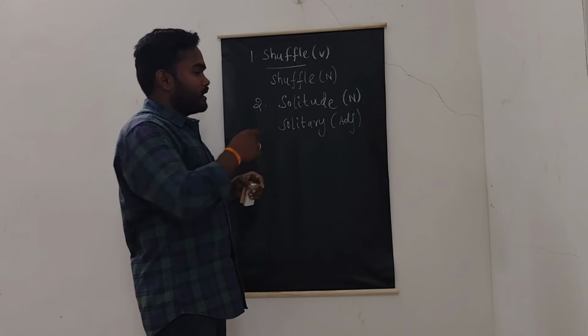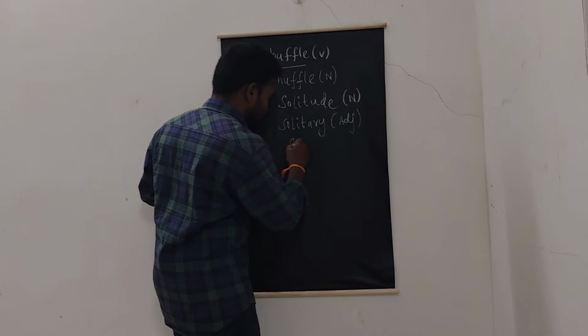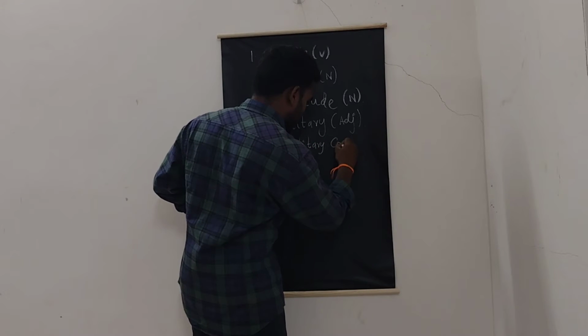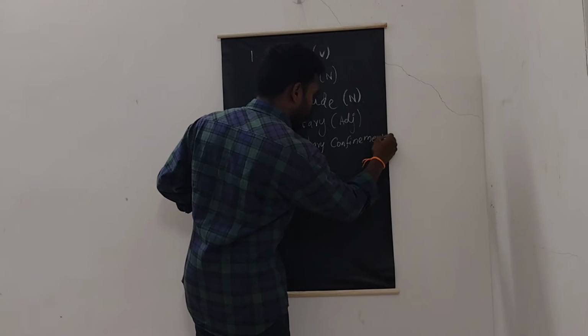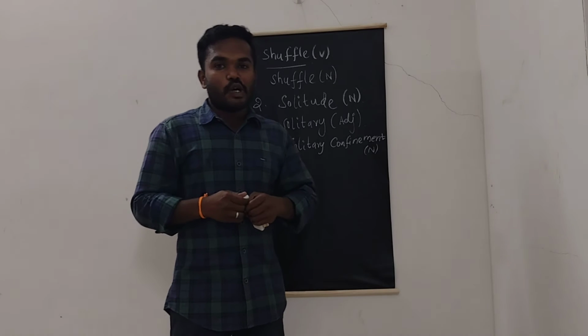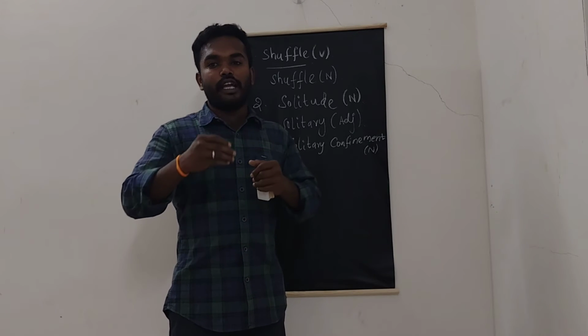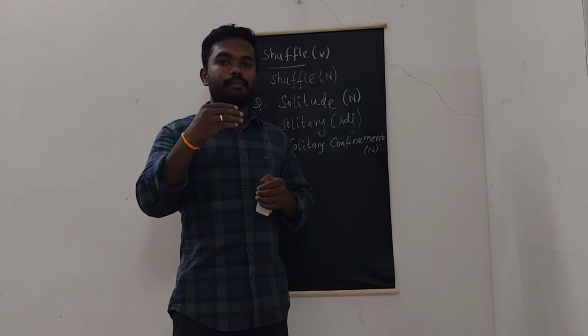It can also be used as another noun with another word, that is solitary confinement. It means usually a punishment in which one is kept in a room alone, usually in a prison.